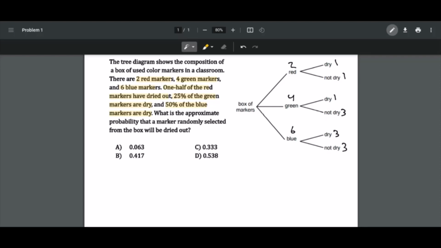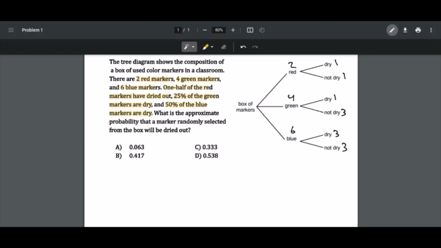What is the approximate probability that a marker randomly selected from the box will be dried out? A. 0.063, B. 0.417, C. 0.333, D. 0.538.